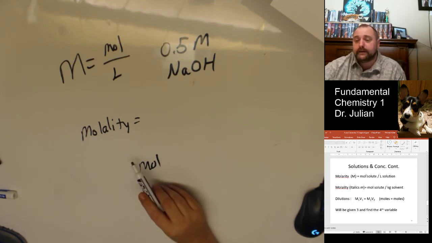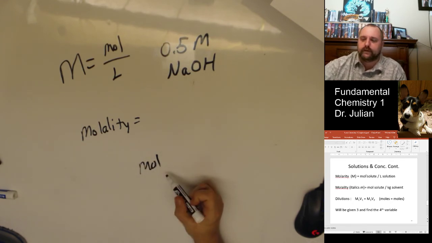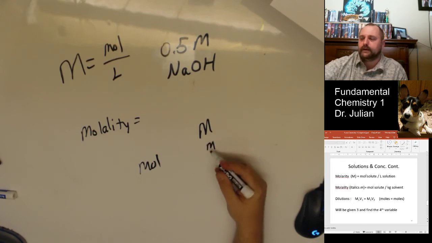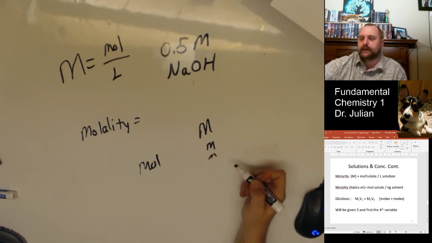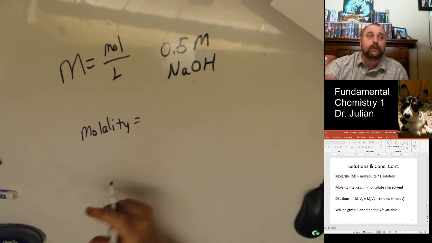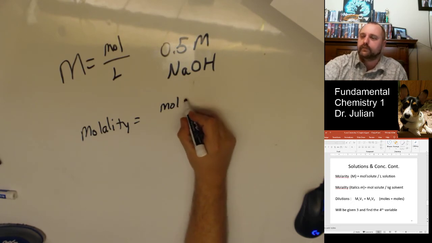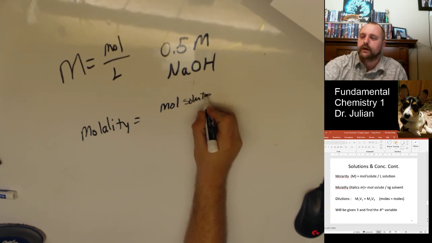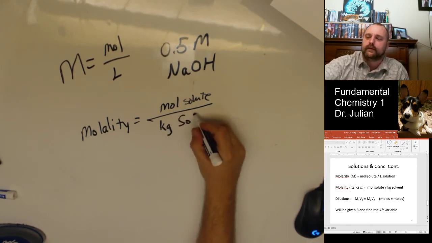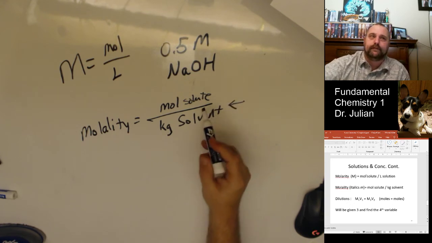So for molality, they try to use italics M, but good luck writing that. So here's my capital M, my lowercase m. What am I doing? Italics M? I don't know. Good luck with that. But molality is weird because it's moles of solute, but the bottom part is kilograms of solvent. That's the weird part.